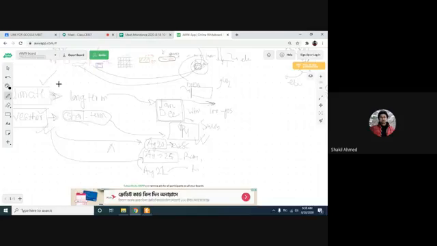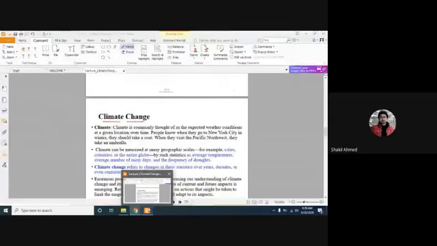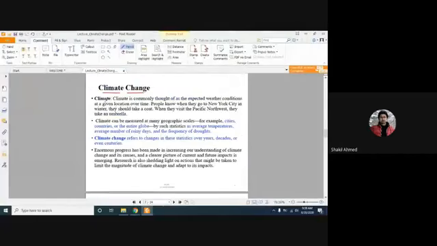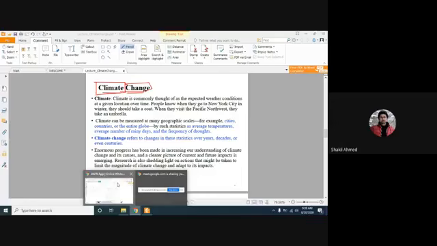When you refer to climate, we are referring to something long-term, 30, 40, 50 years of data. So when I say climate change, that means this is a long-term change.